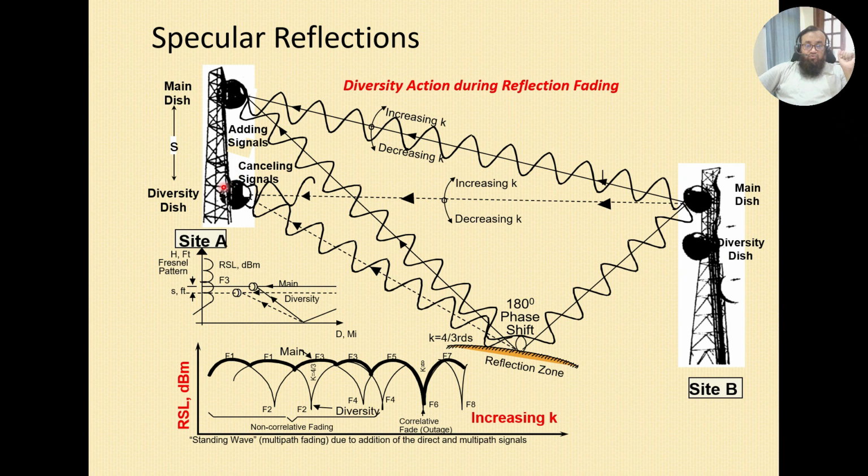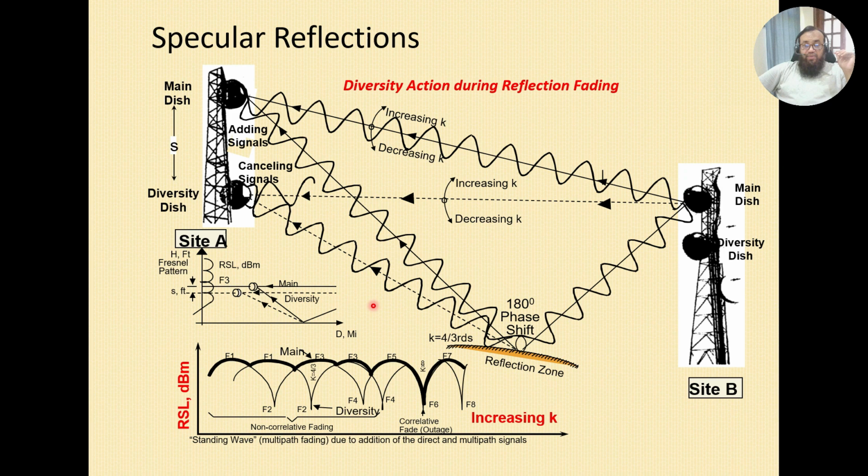I mean, you don't have to do any cancelling, because if this is also receiving something, then your radio has to do some kind of cancelling and adjustment of the signals. So we try to keep them in an on-off position. For example, when the main is receiving, the diversity should not, and when the diversity is receiving, then the main should not receive. This is how we try to plan. It is not 100% like that, but we try to keep it that way.